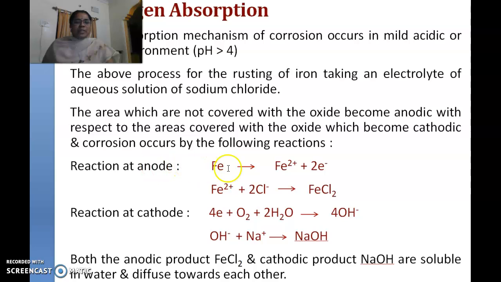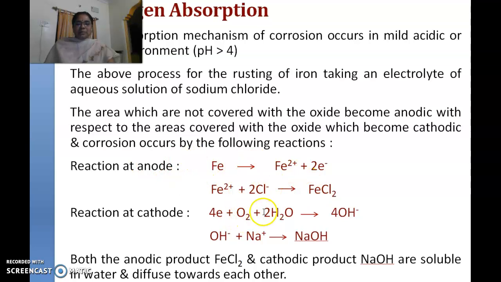So if you go to the reactions, obviously at the anode oxidation takes place because iron is capable of losing electrons very easily. And the electrons lost are going to react with, see, here in this case Cl minus, if you want, if not you can omit these two reactions.